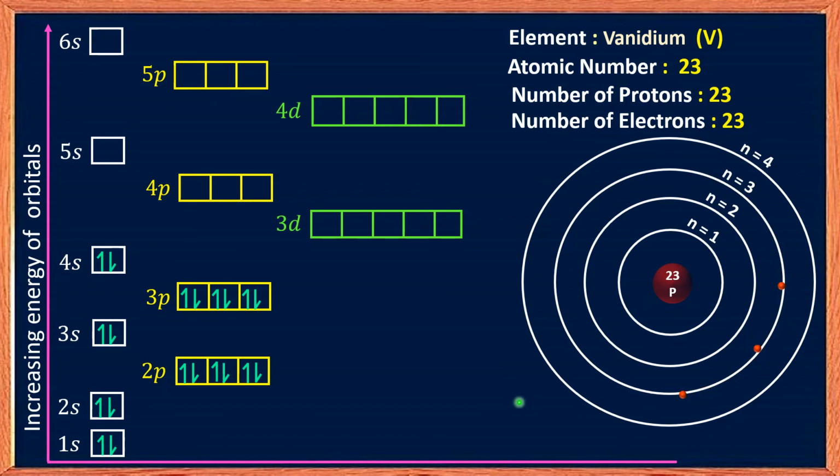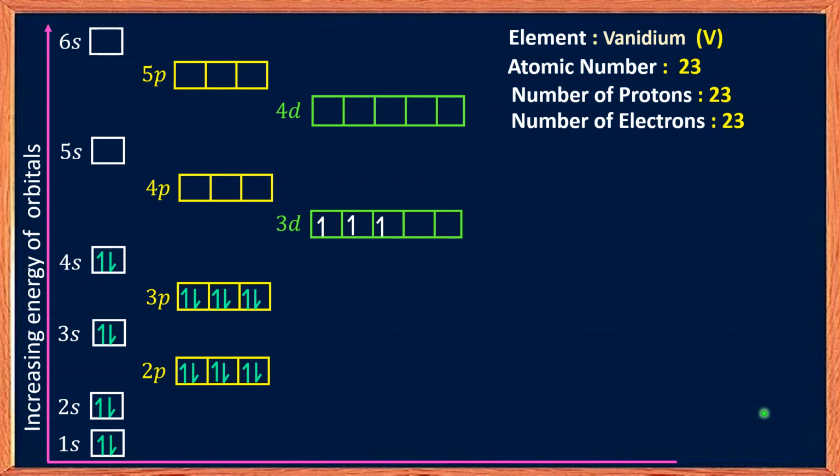And these 3 electrons in the third main shell enter the 3d orbitals. One occupies an empty orbital, then a second empty orbital. So the 23rd electron is the differentiating electron, the last electron, and it occupies the other empty orbital.